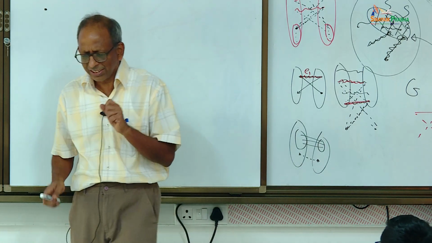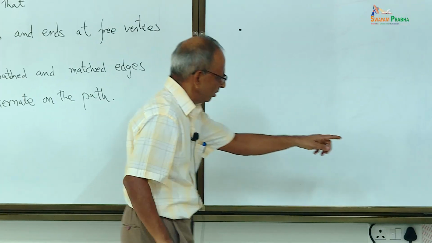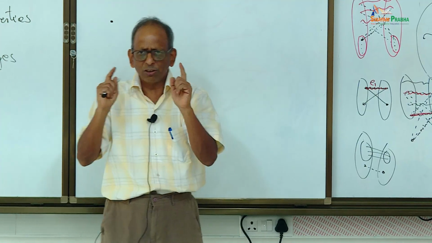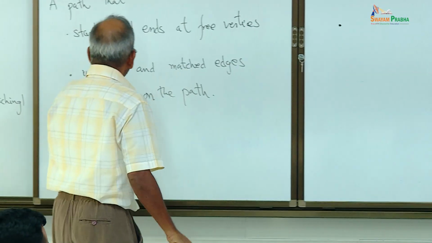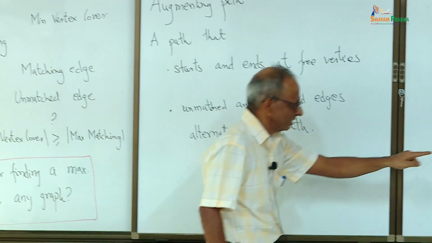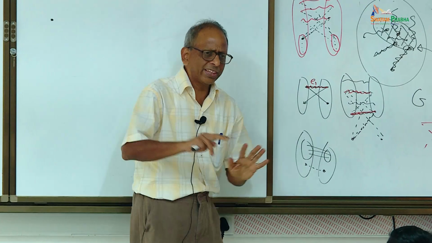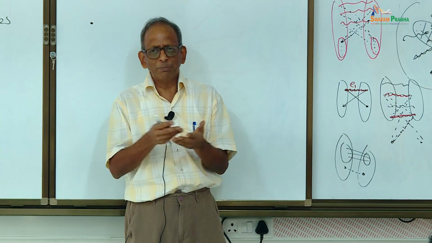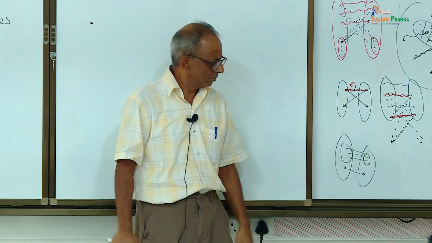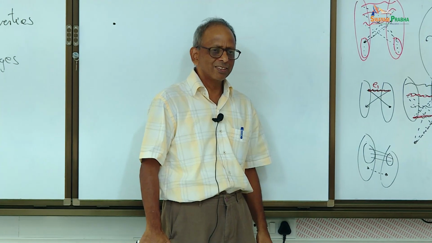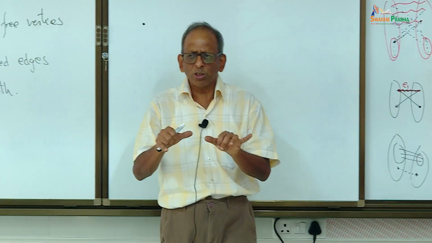So think like a lawyer. If this particular edge is an augmenting path, why is it one? Does it start and end at free vertices? Yes. And on that, do unmatched and matched edges alternate? Well, where do they not alternate? What do we mean by not alternate?